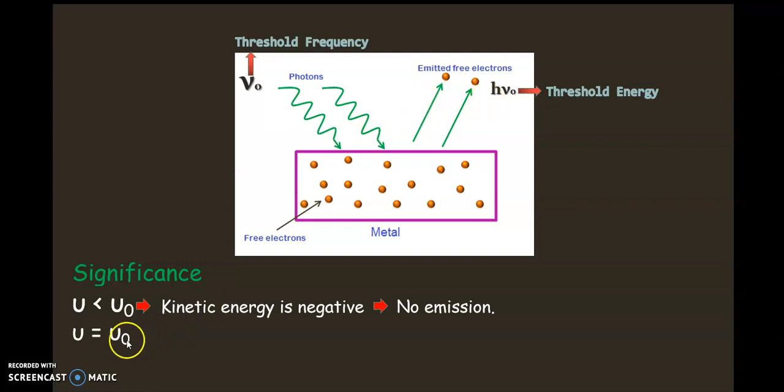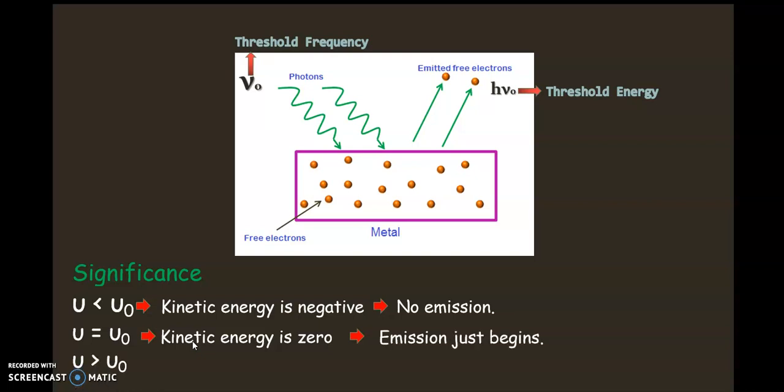If the frequency is equal to the threshold frequency, the electron can just detach from the metal, since the threshold energy is equal to the binding energy of the electron with the nucleus.